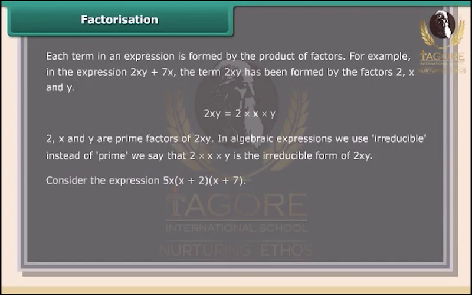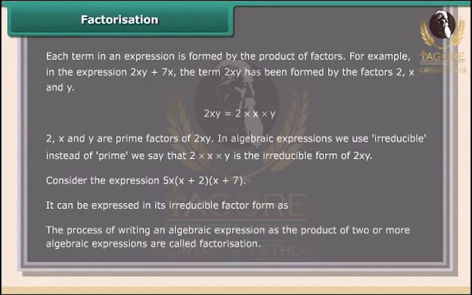Consider the expression 5x into x plus 2 into x plus 7. It can be expressed in its irreducible factor form. The process of writing the algebraic expression as the product of two or more algebraic expressions is called factorization.